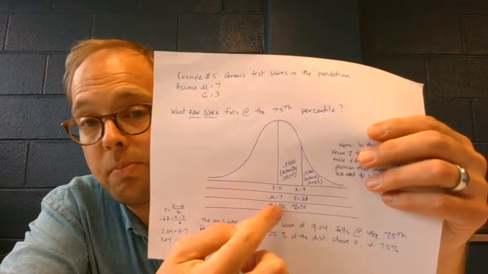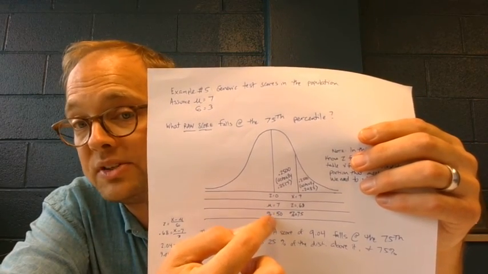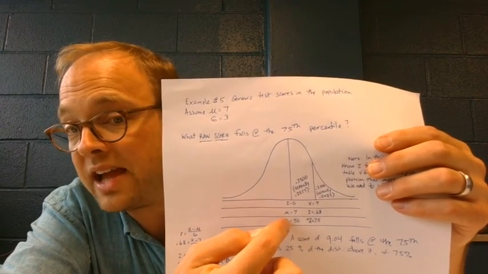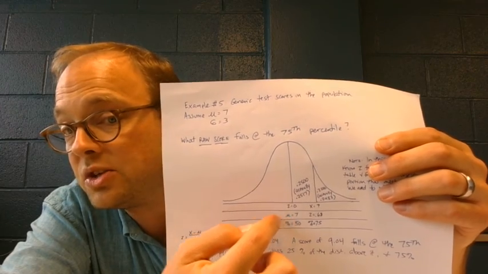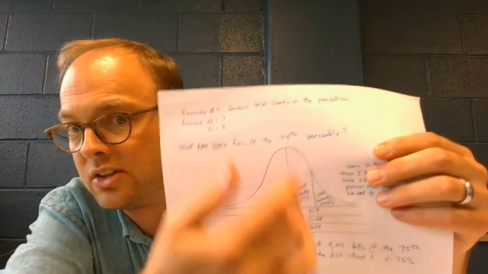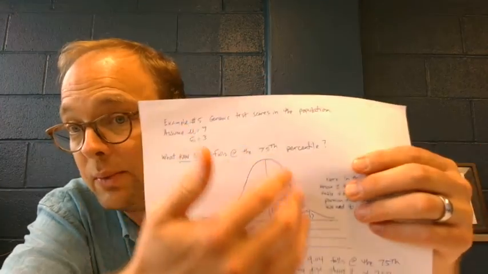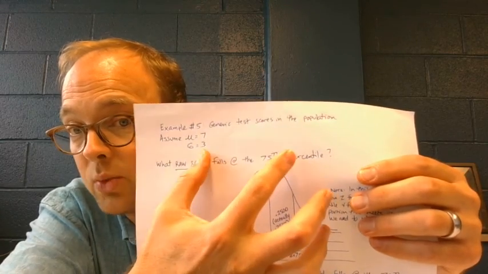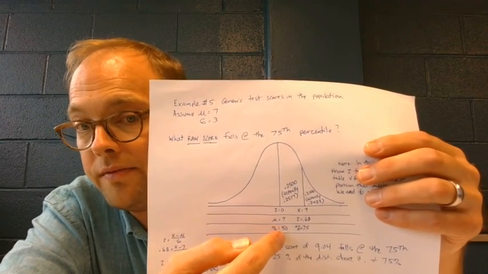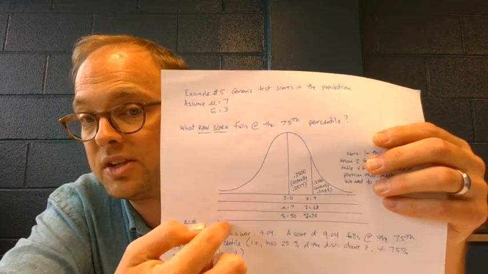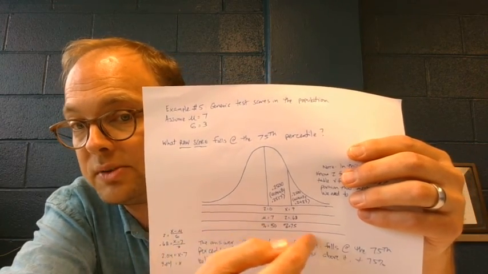So if this point represents the 50th percentile, that means 50% of the distribution falls below it and 50% falls above it. Now we have to approach this one a little bit carefully.